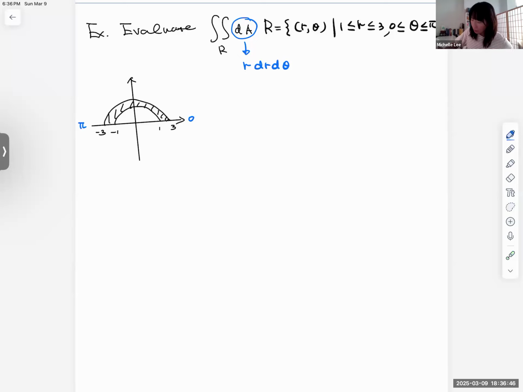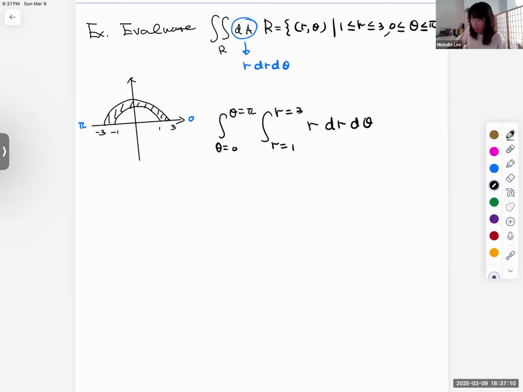Okay, so let's do it. What would you like to do first? Integrate with respect to r first? Okay, that's fine. So theta equals 0 to theta equals pi, then r equals 1 to r equals 3, then r dr d theta, right?